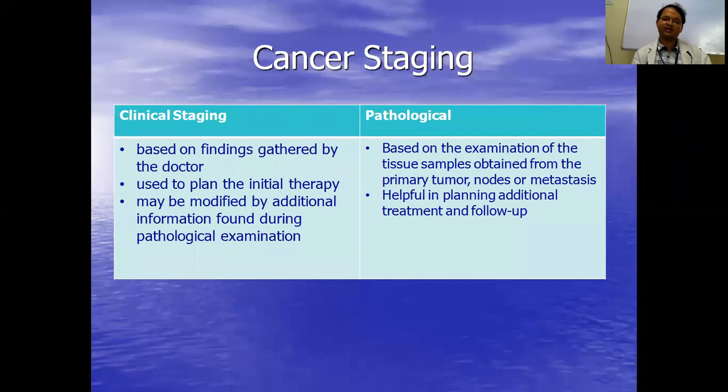Pathological staging is based on the examination of tissue samples which are obtained from the primary tumor, the tissue samples which are obtained after the biopsy of the lymph nodes and metastasis. This is helpful in planning the additional therapy and in follow-up.